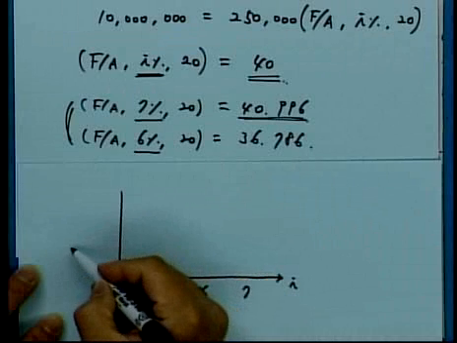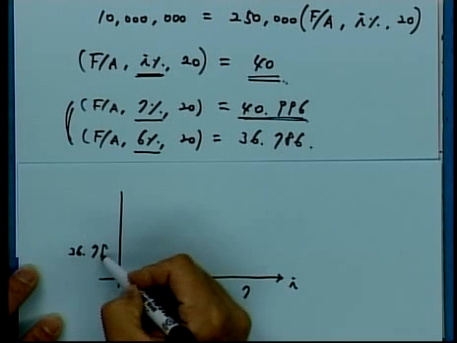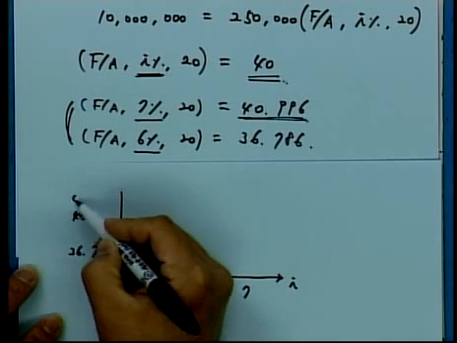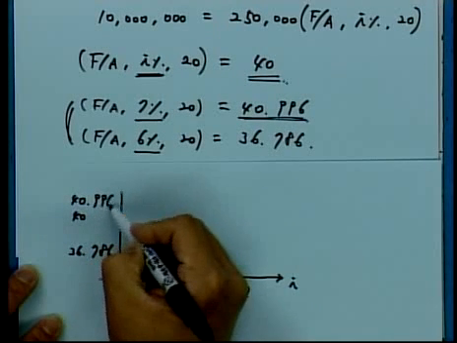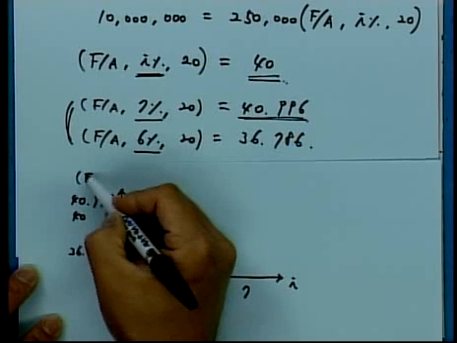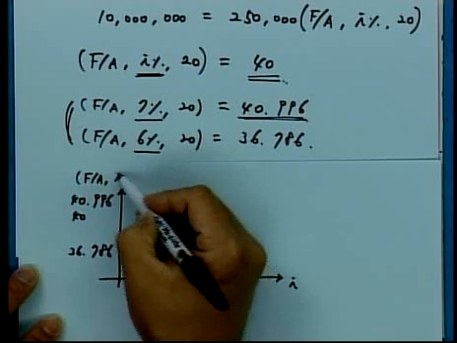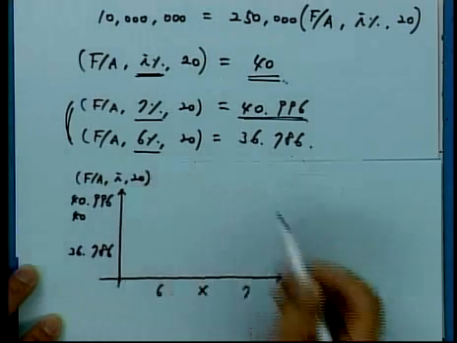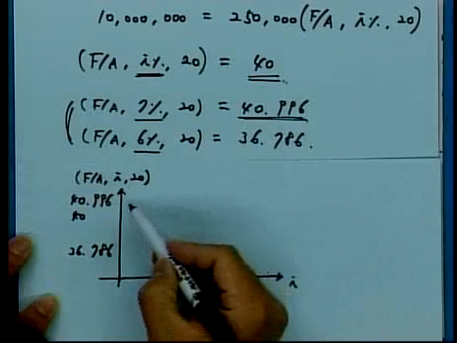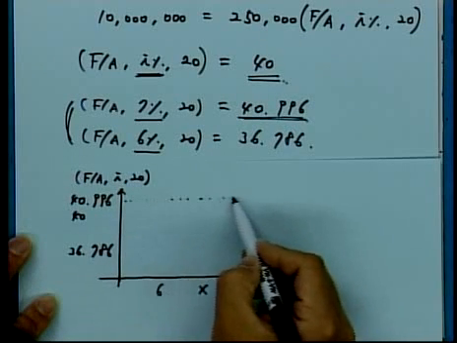So we have 36.786, 40, and 40.996 for this vertical value.